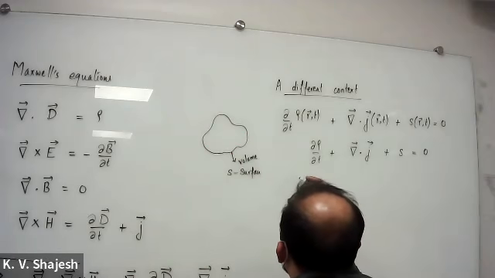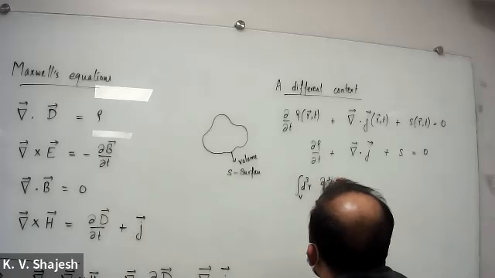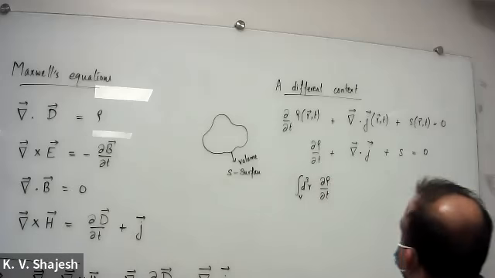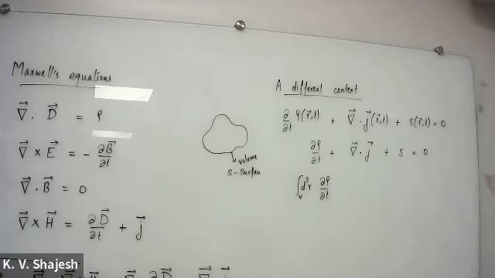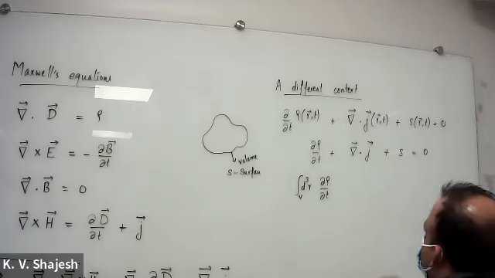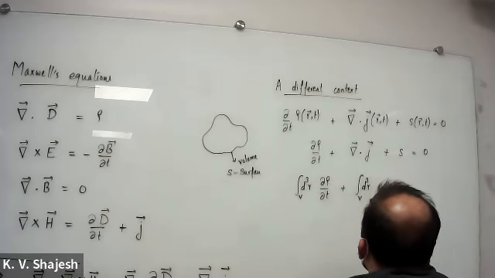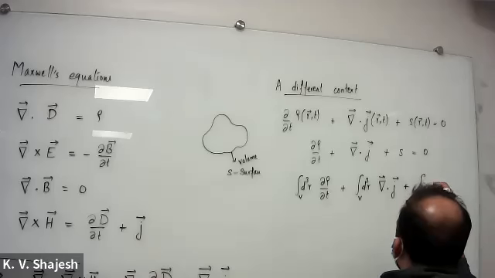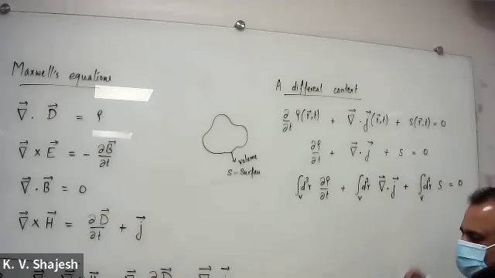So that will be the integral d cube r on this volume V of d rho over dt, plus the integral d cube r over V of the divergence of J, plus the integral d cube r over the volume V of S, that's equal to 0. Clear?